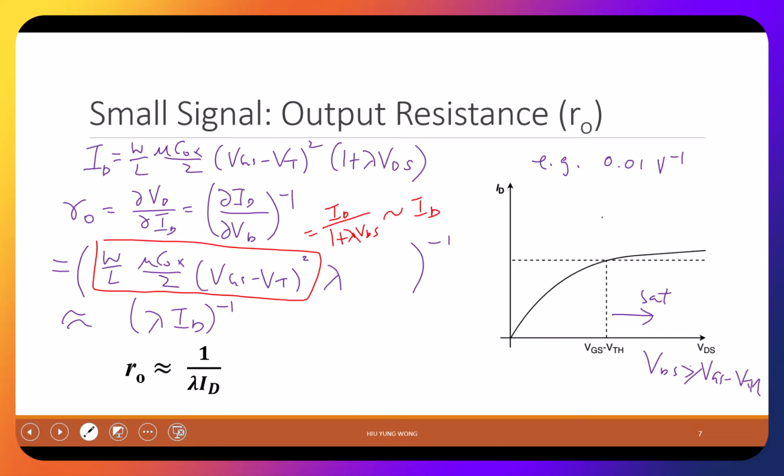Do you know if you can change lambda? This one you did not learn if you have not learned the circuit before. As a circuit designer, do you think you can change lambda? No, just for a transistor.